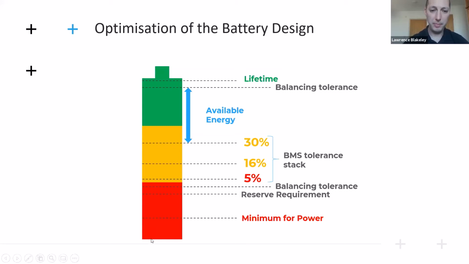So starting at the bottom, we take away a portion to always have a minimum amount of power in the battery. This is the minimum amount of power we need to safely get down onto the ground. I've removed that because we can't use that during a flight, that's in extreme circumstances.